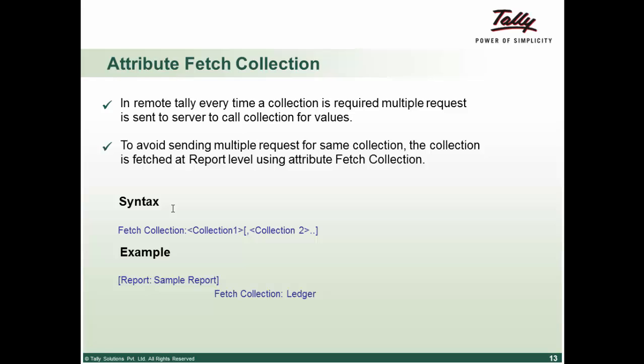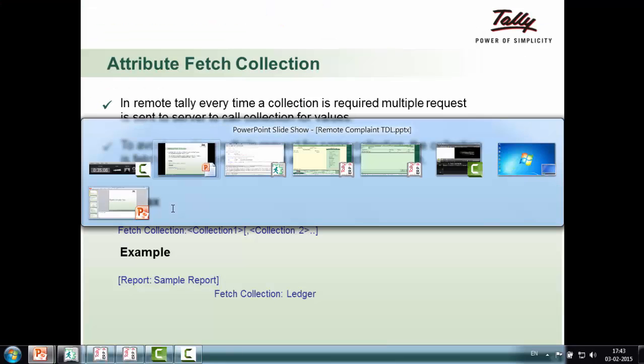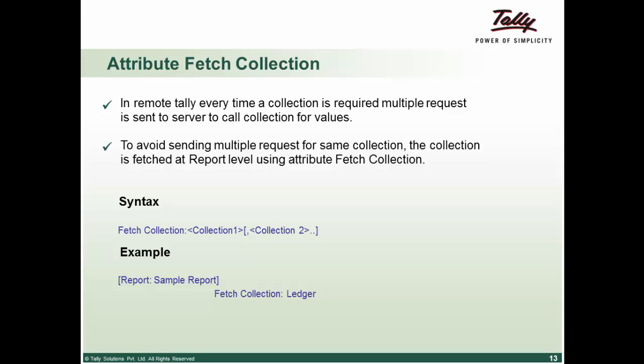For example, where we just spoke about a data source, we will not know which collection will be called, right? So there you cannot do a fetch collection. But when it is a known collection that your line is going to get repeated on, a fetch collection is always better to be specified. So the number of requests that you send to the server reduces.